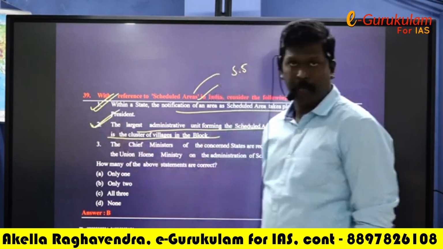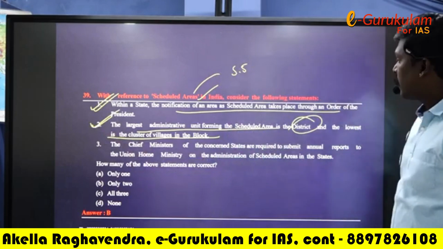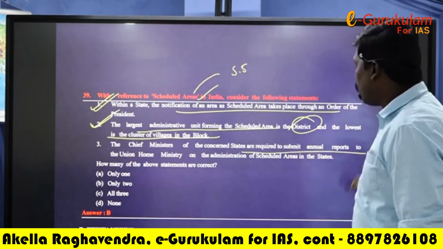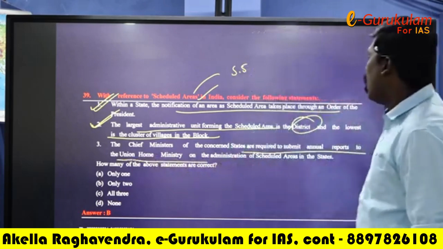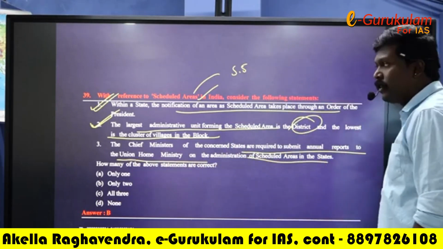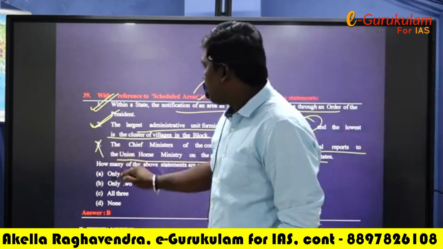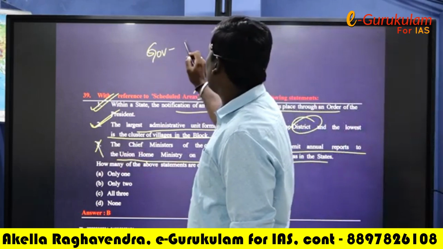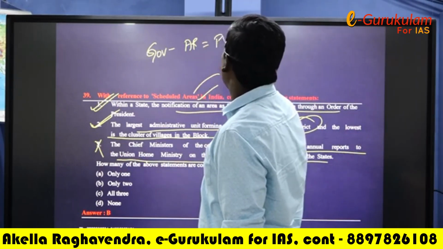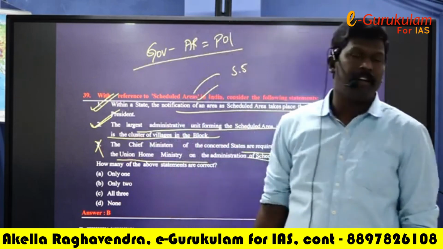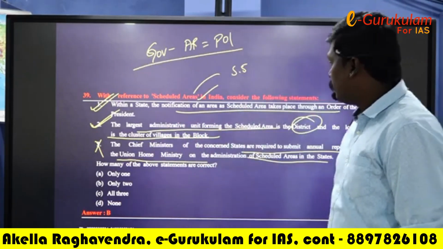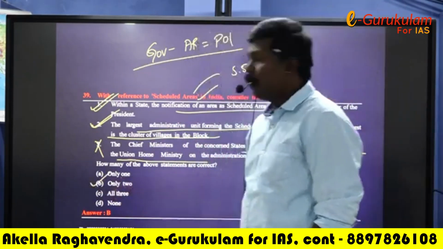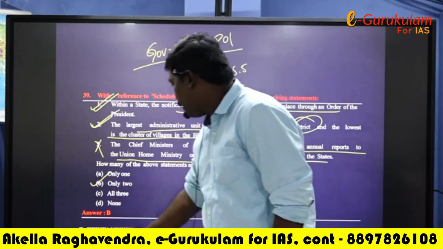This is also correct. The Chief Minister of the concerned state submits an annual report to the Union Home Ministry on administration of the schedule area in the state. This is wrong. It is the Governor who submits an annual report to the President of India. So the answer is only 2. So 2 statements are correct here.